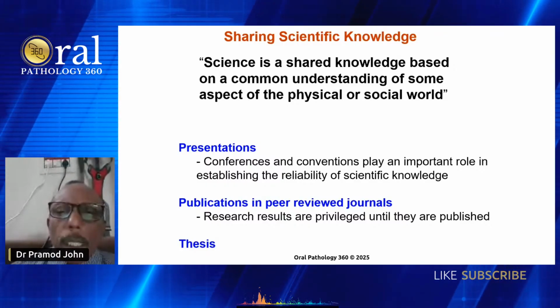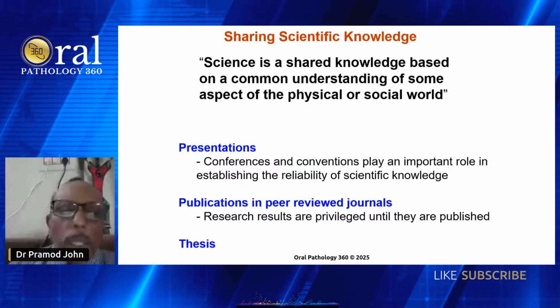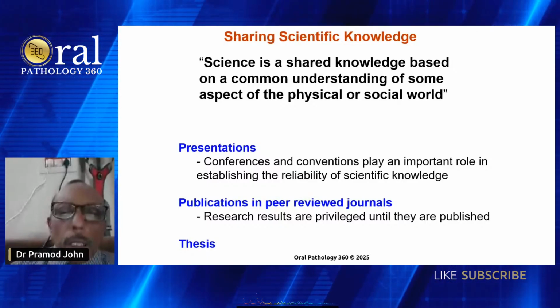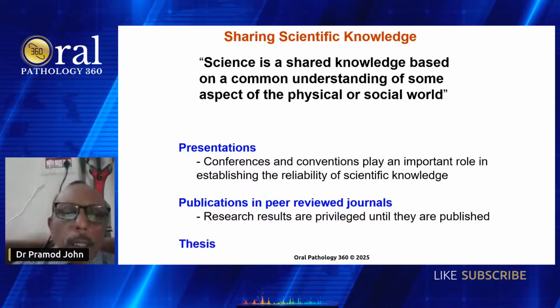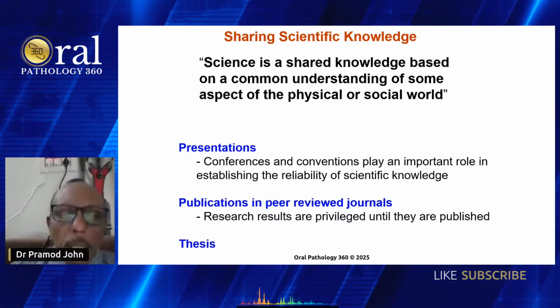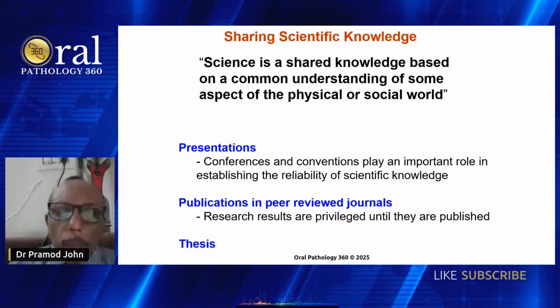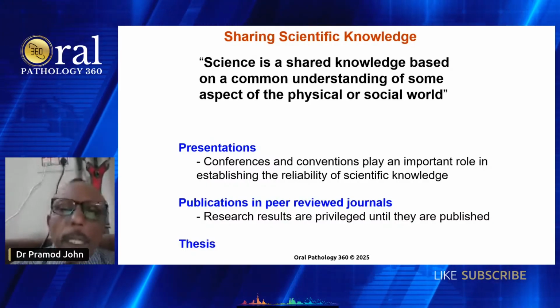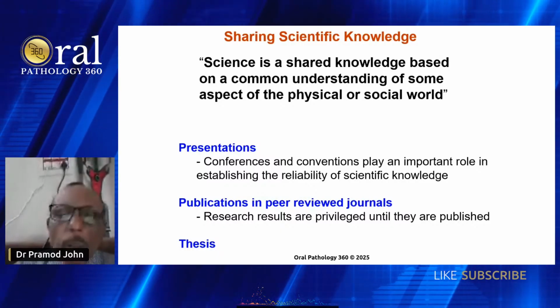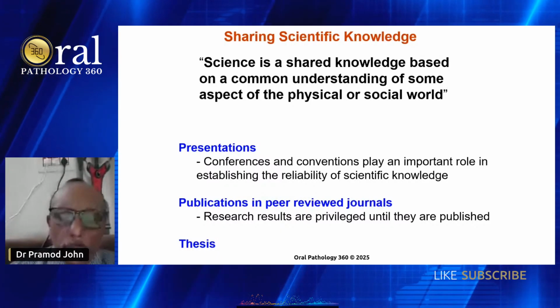So, all of you attend conferences. That's a good way of learning about new research going on. Research publications in peer reviewed journals: research results are privileged until they are published. So once you publish, anybody can do similar studies.